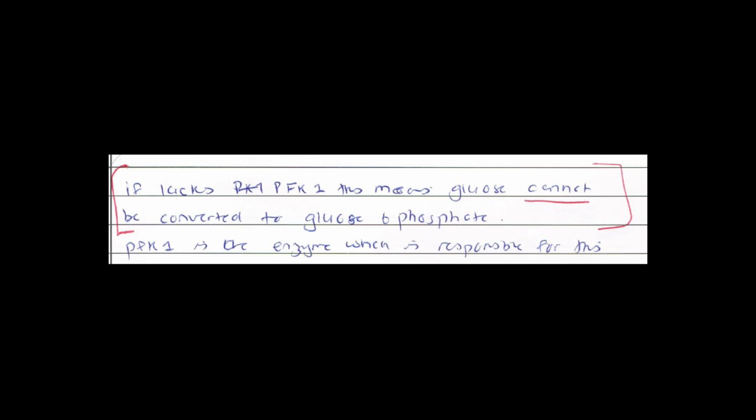How could you be making this mistake? PFK1 does not catalyze this reaction. Glucose going to glucose 6-phosphate is catalyzed by, that's right, the first enzyme in glycolysis, which I'm not going to tell you. So let's look at the next one.